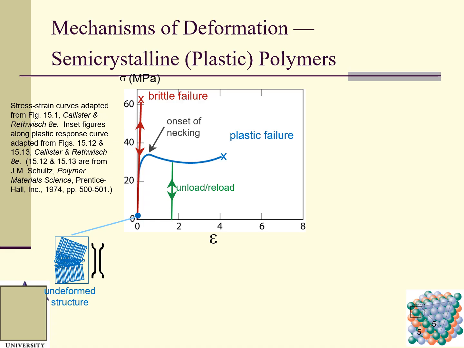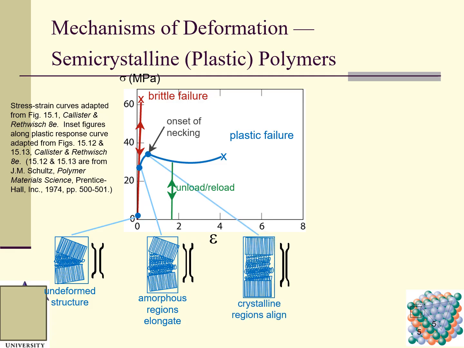Amorphous is opposite to crystalline. If you apply the load further, at this point, amorphous regions will elongate. You can see this part. And then further, the crystalline regions align.